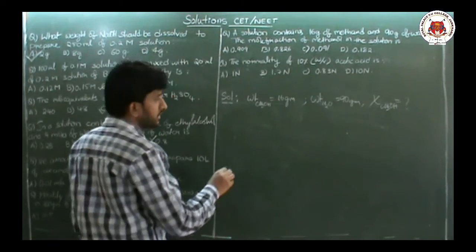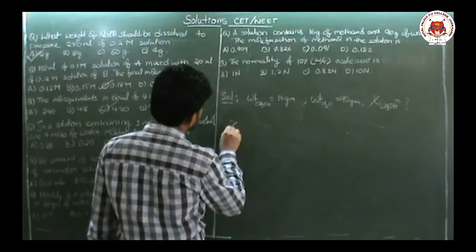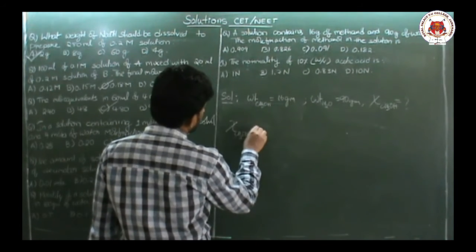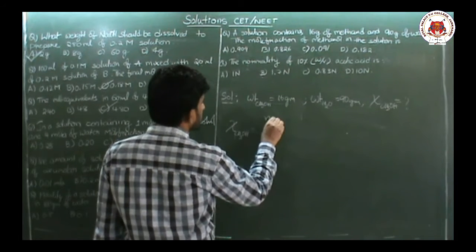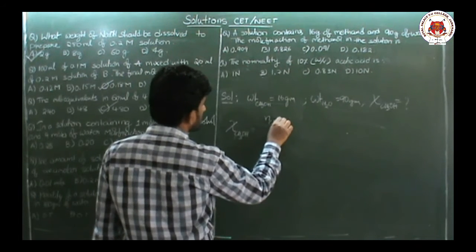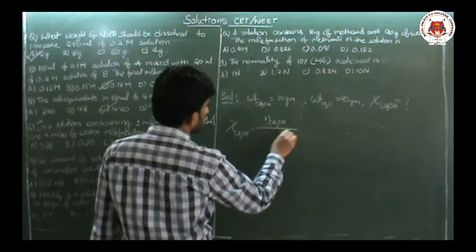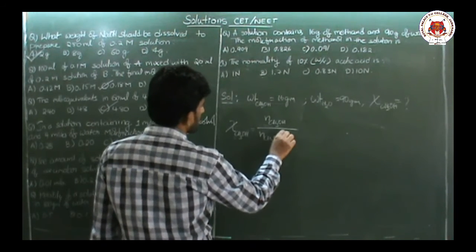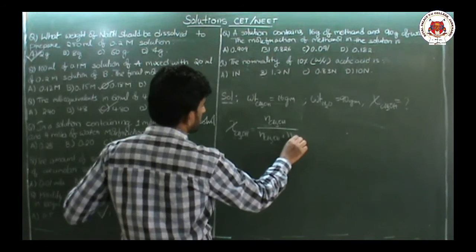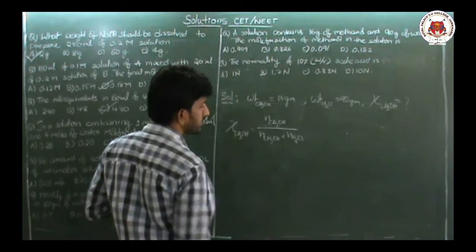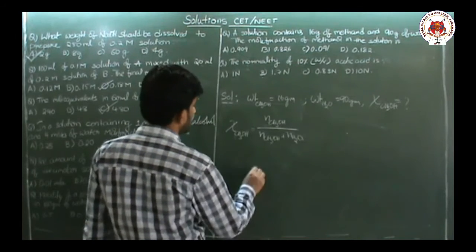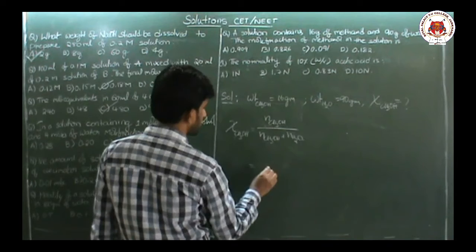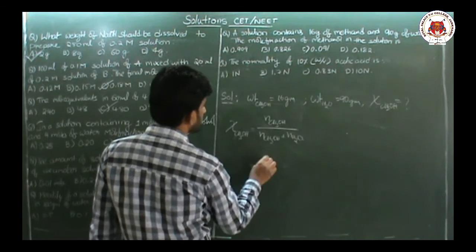So basically, mole fraction of methanol can be given by the formula number of moles of methanol by number of moles of methanol plus number of moles of water. Right? Now number of moles of methanol means weight by molecular weight of methanol. Weight is 16 grams.